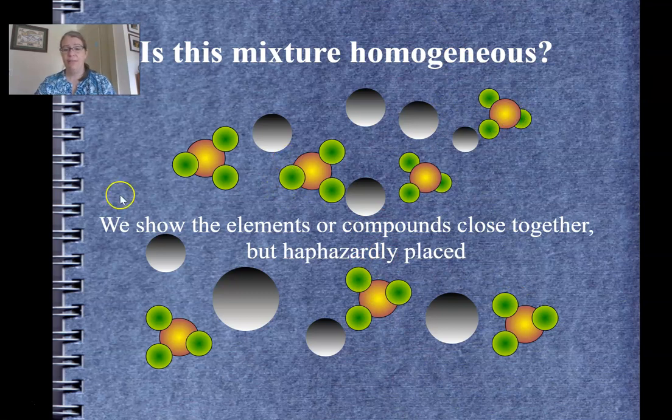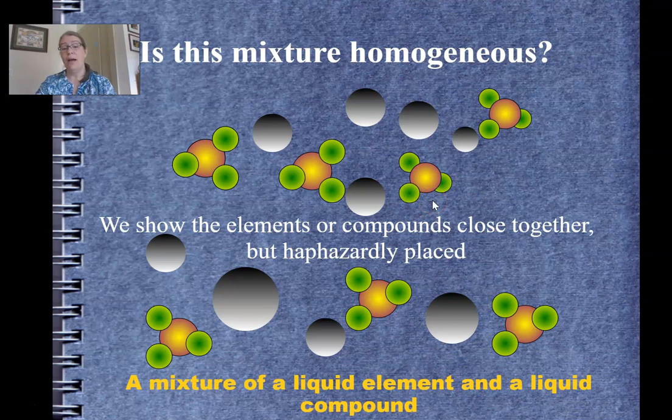Now, there's a compound and the element, and the compound and element, and compound, element. This is a homogeneous mixture of a liquid element and a liquid compound, because if I zoomed back out, I wouldn't have any regions of just element or regions of just compound. It's all mixed together. I would have to zoom in to the molecular level to be able to see this individual difference.